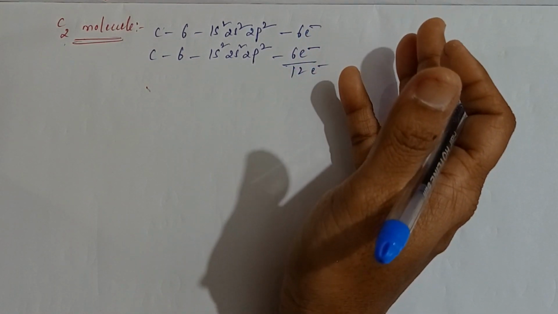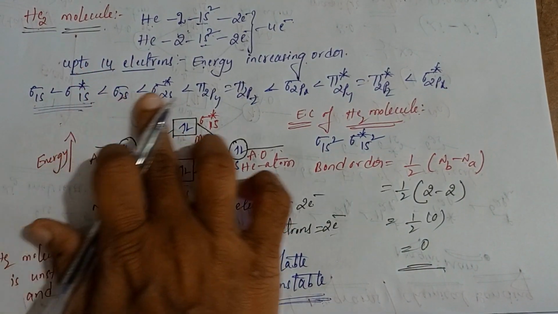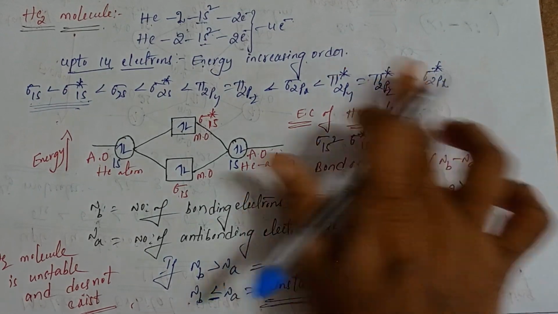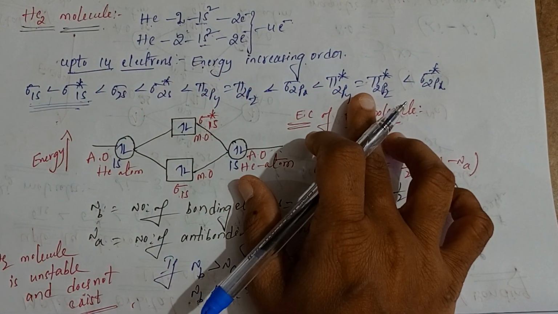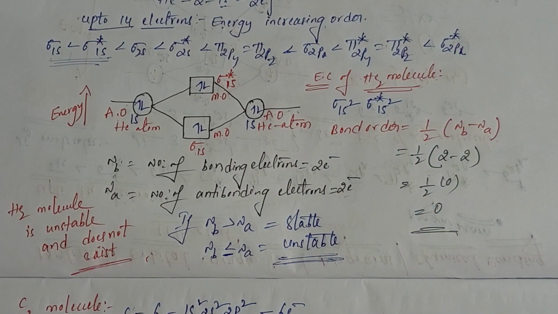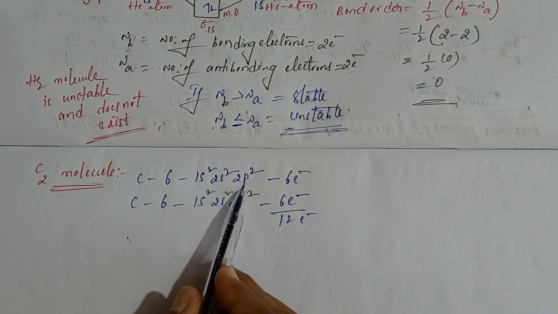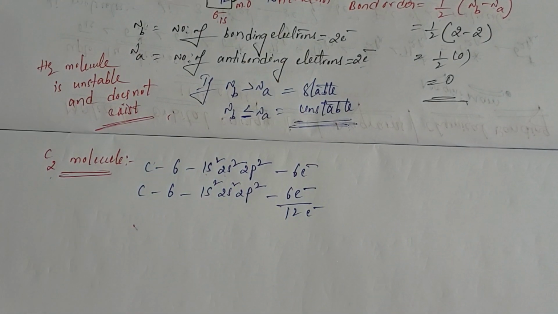Energy increasing order you have to write, up to 14 electrons, as I already told you. This is the energy increasing order; in this order only you have to fill the electrons. Now I am writing. In carbon we have 1s, 2s, 2p, so up to 2p you have to write.